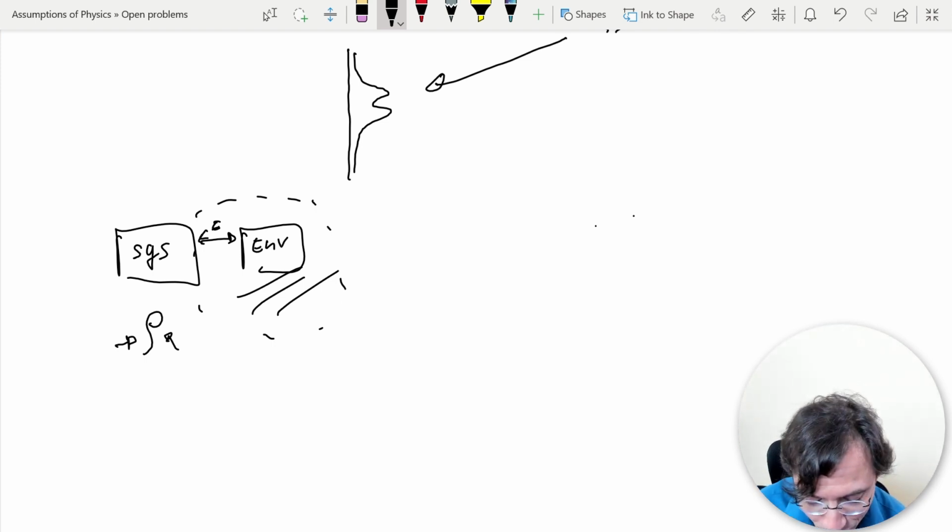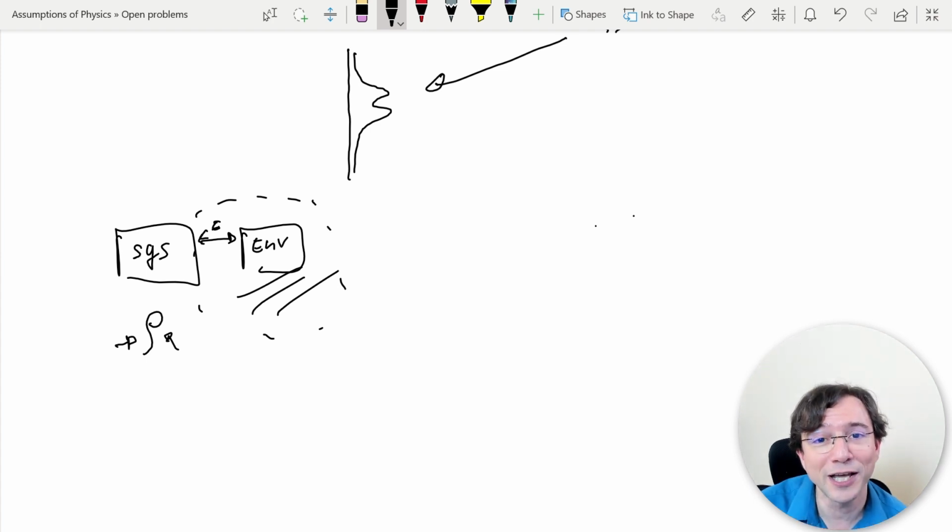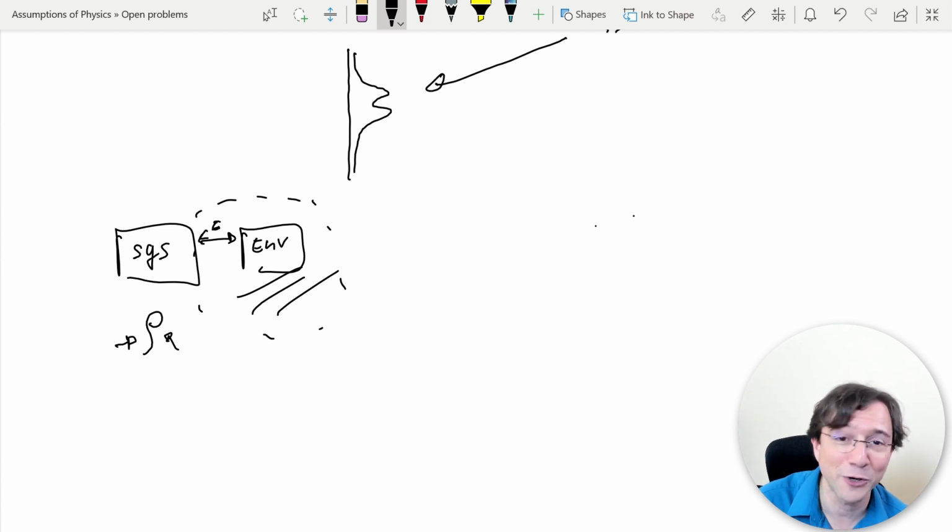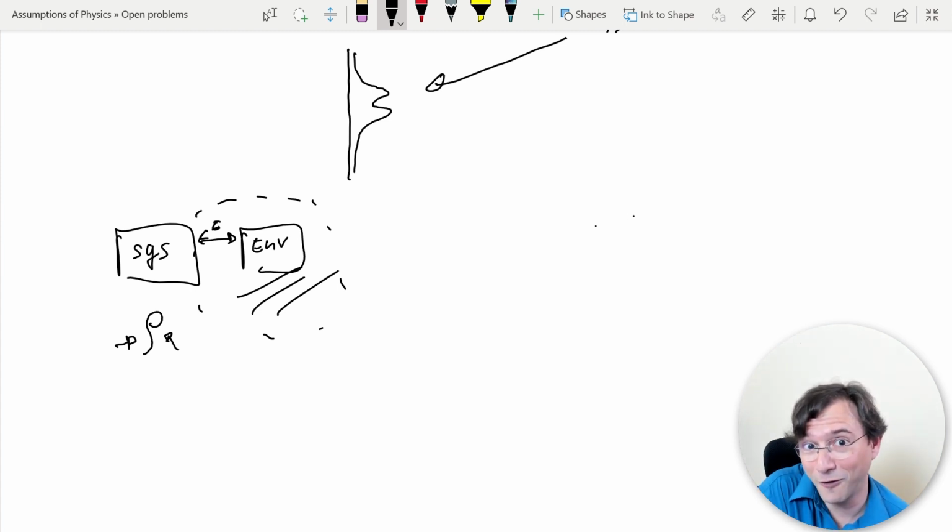And so you could try to get results from decoherence and retransform them, instead of statements of entanglement of the system and the environment, into statements of the entropy of the system by itself.